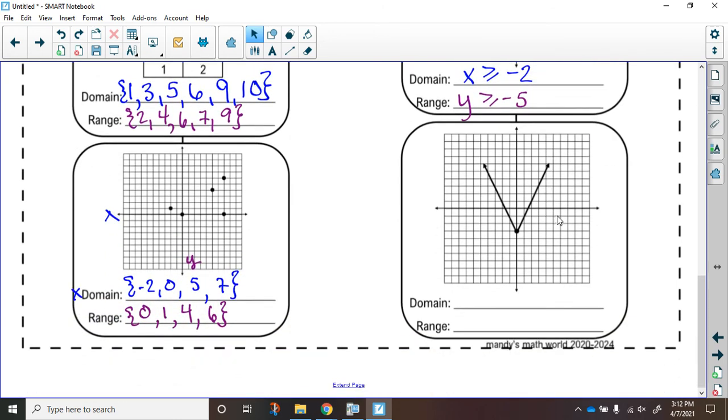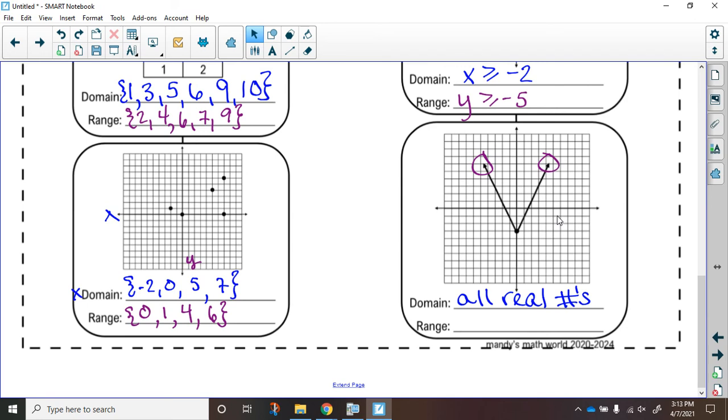Alright, and for the last one, I see that I have two arrows pointing upward. This means that our domain is all real numbers. Similar to when we were talking about parabolas in the last unit, if your two arrows are pointing upward or downward, that means domain is all real numbers.